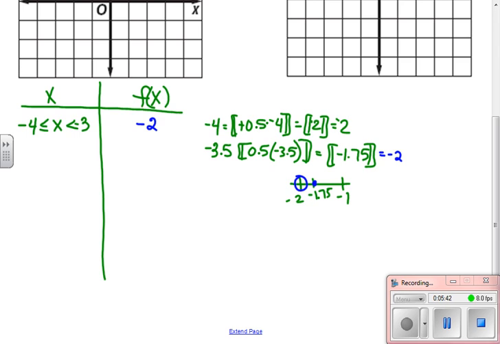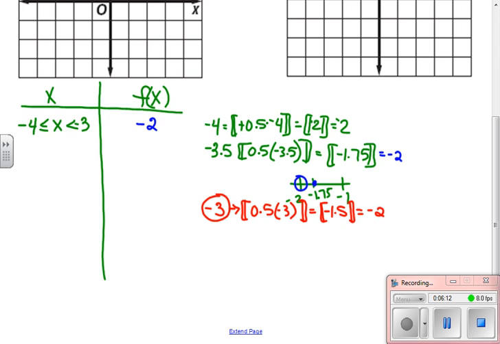So let's look at what happens at negative 3. So at my integer function, I have 0.5 times negative 3 is negative 1.5, which is still negative 2. But I had to round down, so it's up to but not including negative 3.